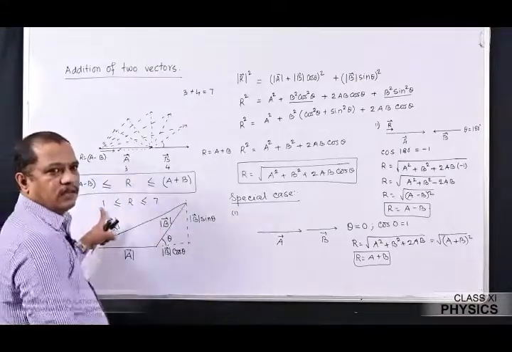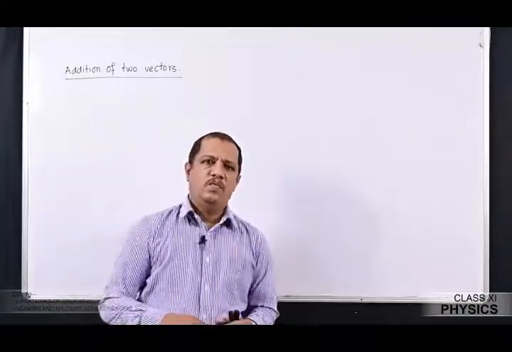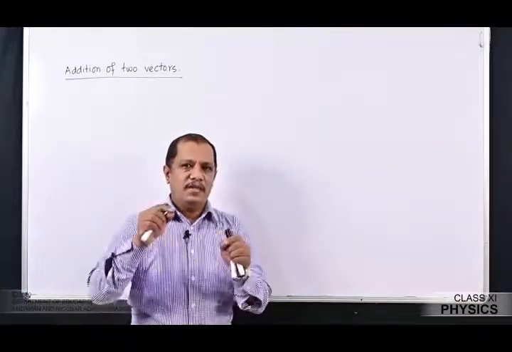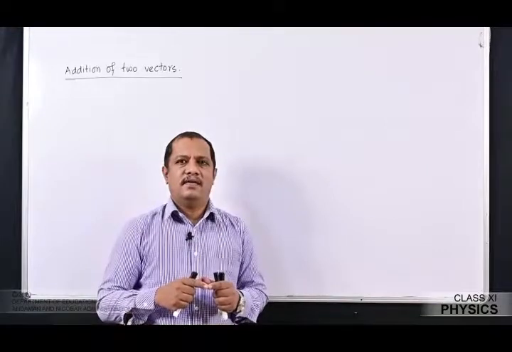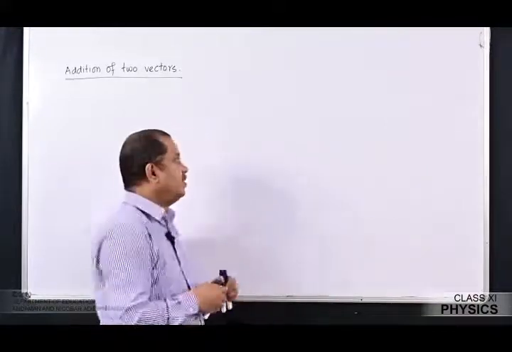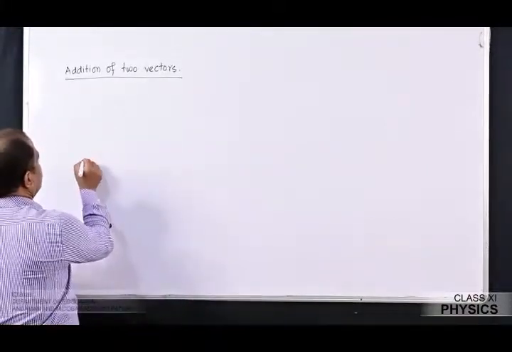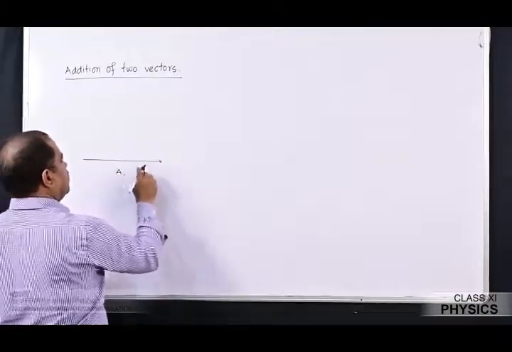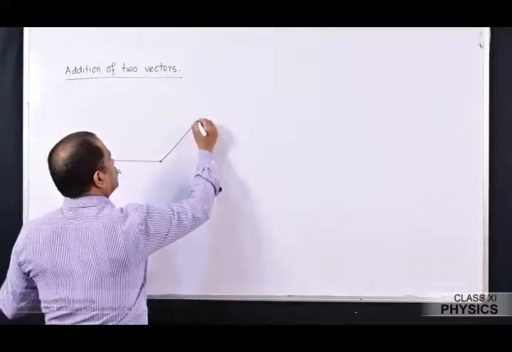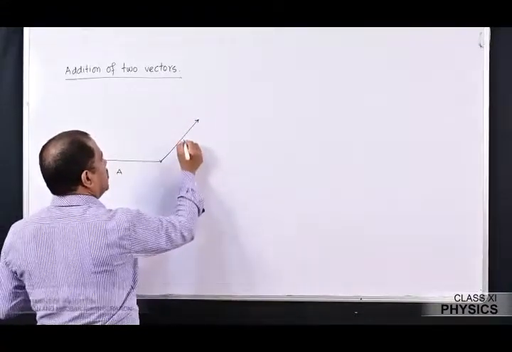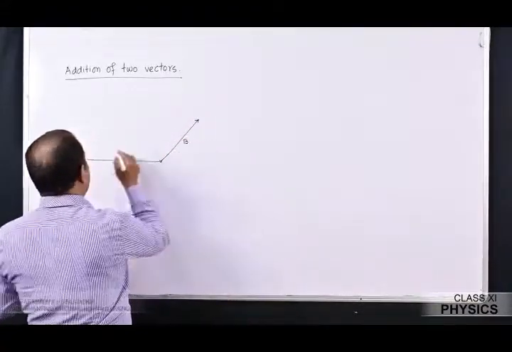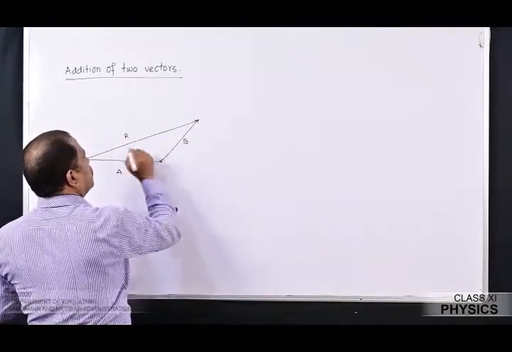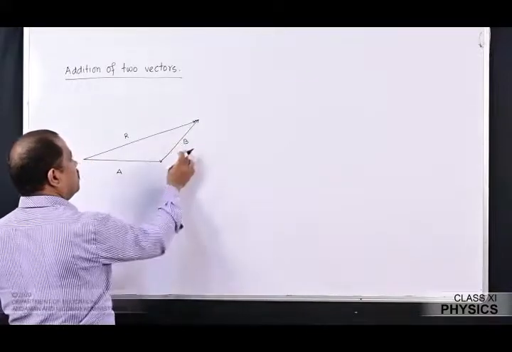Now we saw the aspect of finding the magnitude of the resultant vector analytically, right? We said vector A had a magnitude A, this was vector B that had magnitude B, and a resultant vector we had like this, which had a magnitude of R. I am talking about only magnitude.